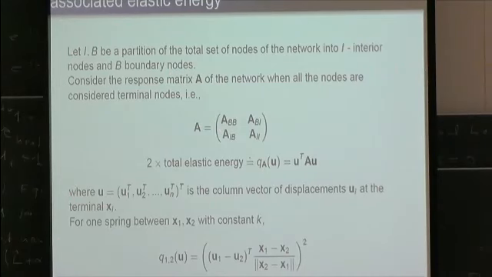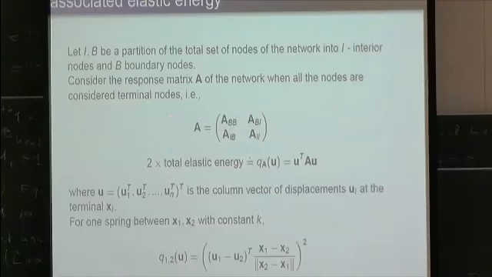If you have a network with I internal nodes and B boundary nodes, these are the index notations for the internal and boundary nodes. One way to understand the response matrix at the terminals is through an energy minimization principle. That is, look at the network as if all the nodes are terminals.